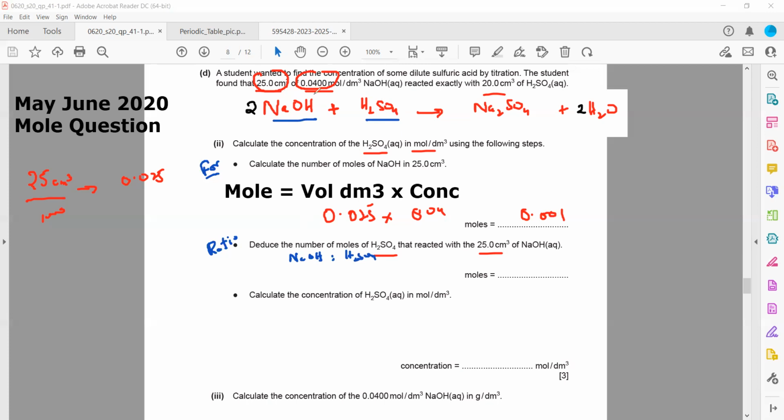But because we know sodium hydroxide, we can work out sulfuric acid. According to the equation, the ratio is 2:1. So if we have 0.001 moles, then this will be X, cross multiply. So X will be 0.001 divided by 2. So it will be half of 0.001, which is 0.0005 mole.